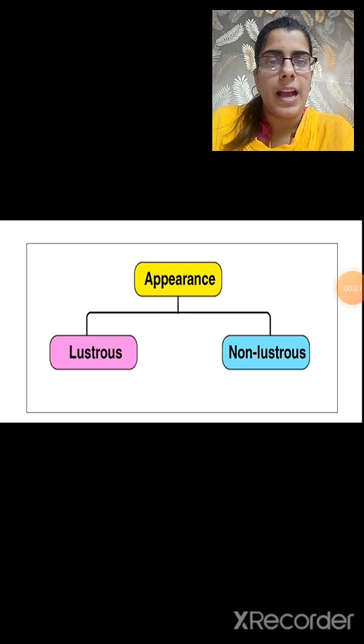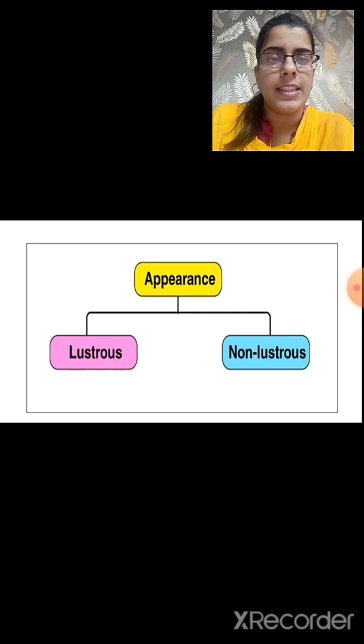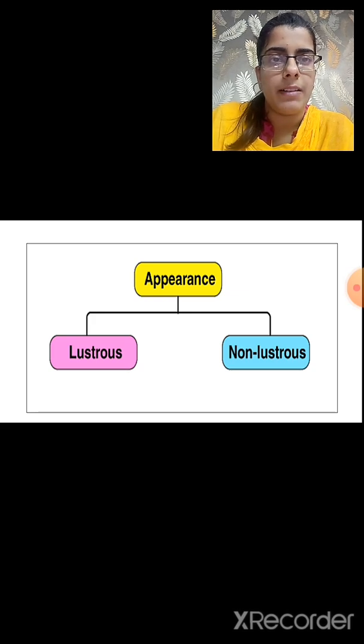So based on the appearance, materials can be classified into two: lustrous and non-lustrous. So what are lustrous? The materials that have a shiny appearance. For example, gold, silver, iron, aluminium, etc. Generally, all the metals are lustrous except sodium and potassium.